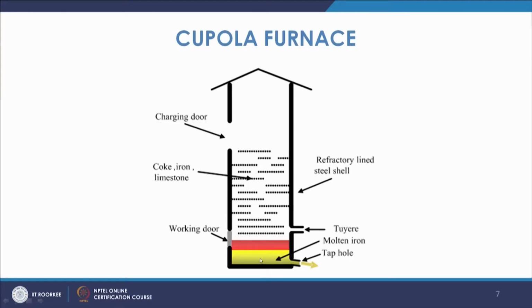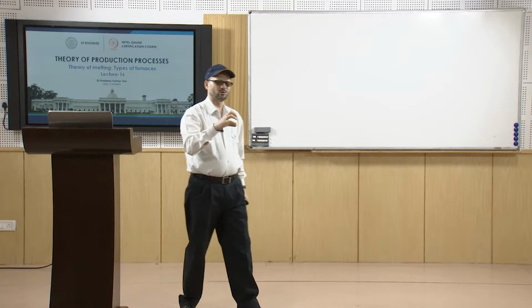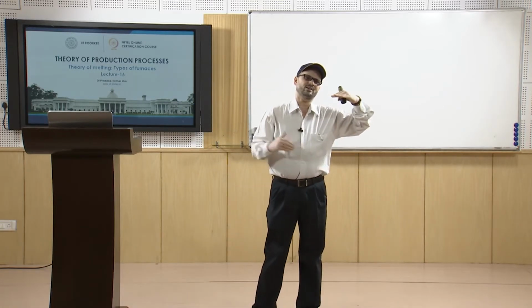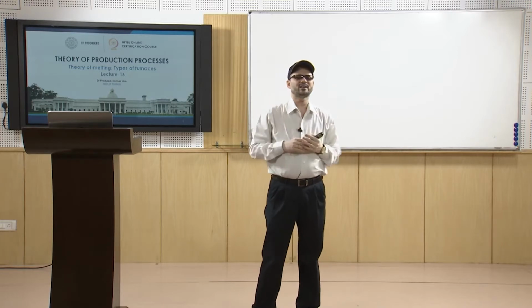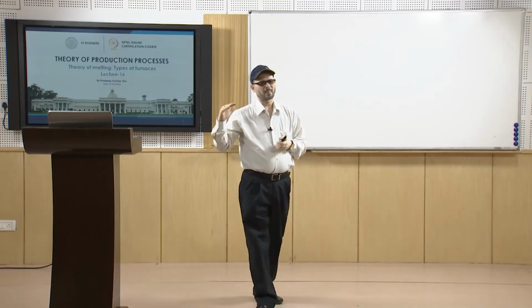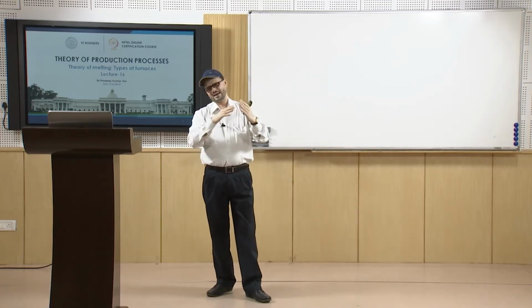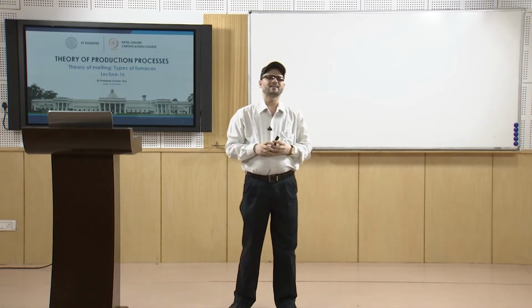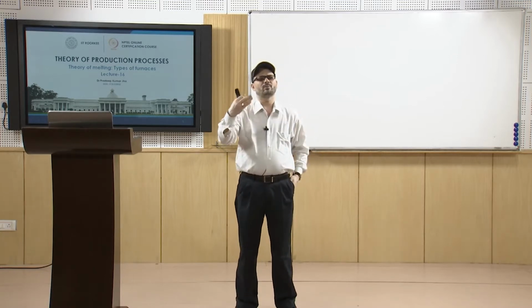Through this coke bed it will come and get deposited here. Then you have a tap hole, and on the opposite side you have a slag hole. The tap hole is at the lower end, and the slag hole will be at the upper end, so that the slag deposited on the top surface goes out from another hole, and from the tap hole you can tap the liquid metal.